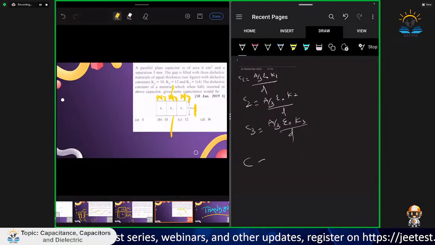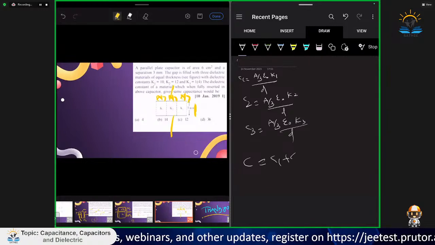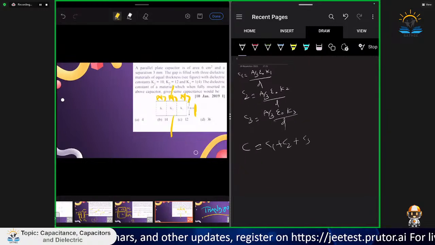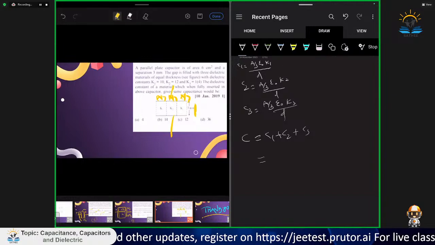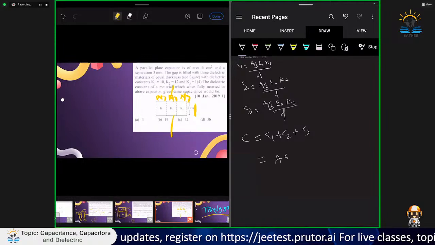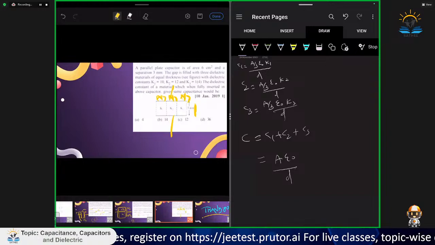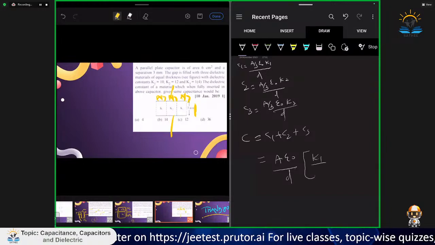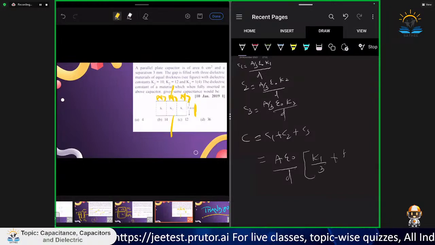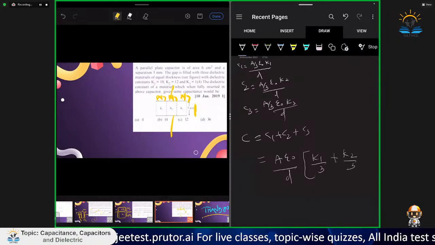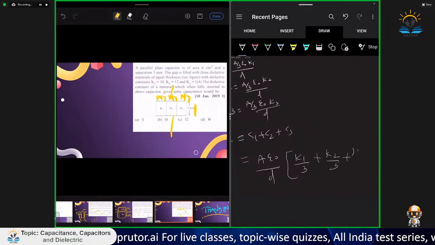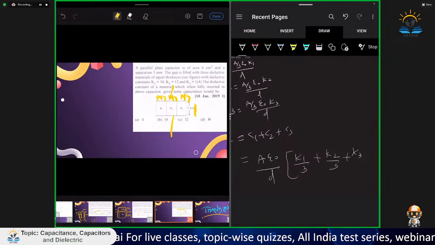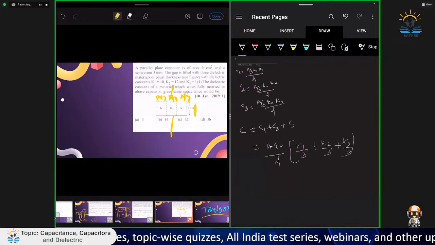So the final C will be C1 plus C2 plus C3 because they are in parallel connection. A epsilon upon D is common, times K1 by 3 plus K2 by 3 plus K3 by 3. This will be the final calculation.